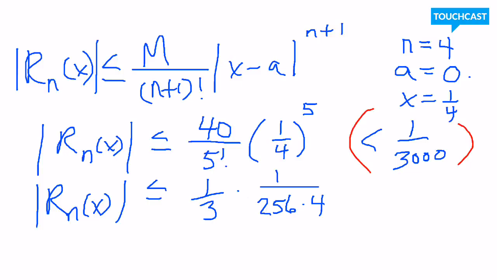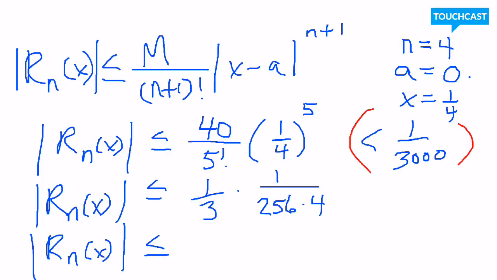So I could say something like R sub x, my error, is less than or equal to... 250 times 4 would be 1,000. So 256 times 4 is more than 1,000. And 3 times something more than 1,000.